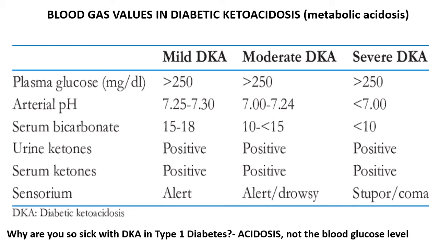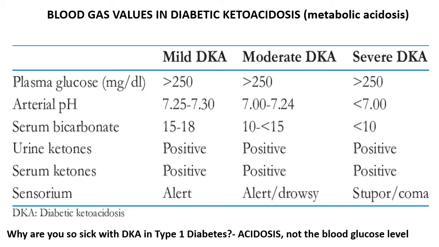Okay? So take a look at this. I would say the most important number on this slide is look what's happening to the pH as somebody gets sicker and sicker because they're breaking down their fatty acids, and by doing that, they're making more ketones. Look at the pH, 7.25 to 7.3.